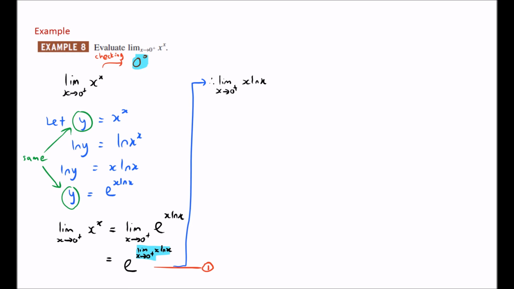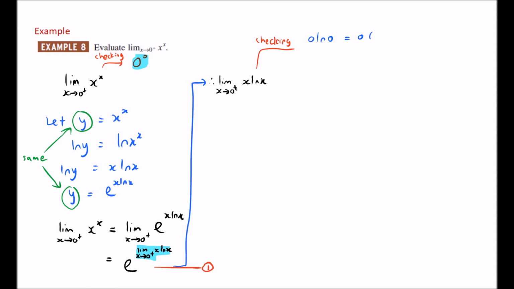So again you do a checking. Checking means you put the x value into the expression inside the limit and see whether it is 0 over 0 or 0 times infinity, or those possible cases. So the checking gives 0 ln 0, right?